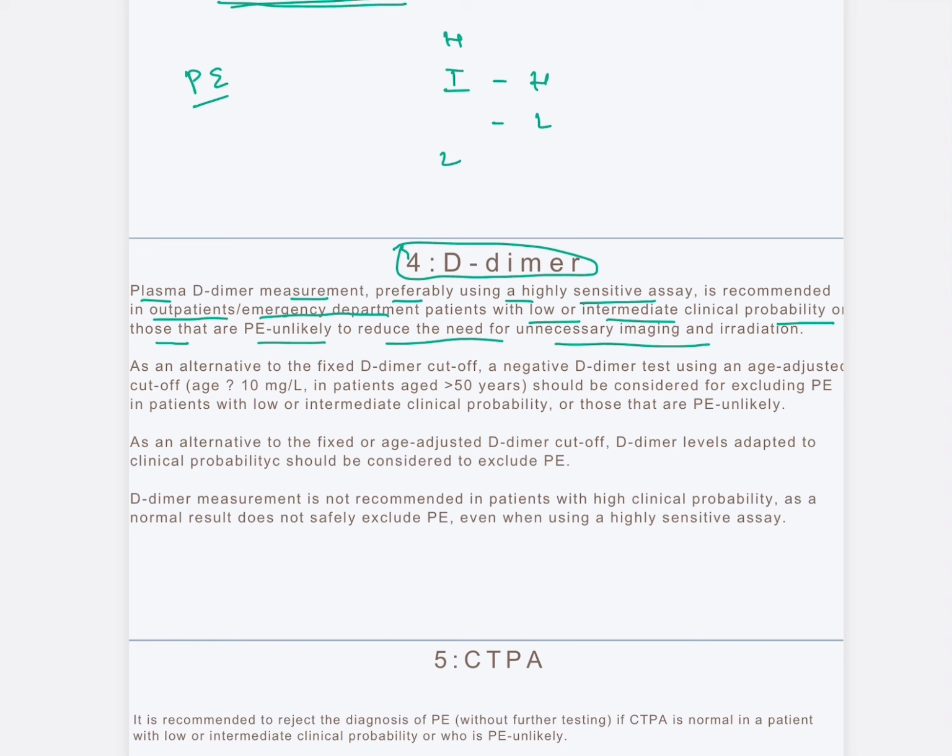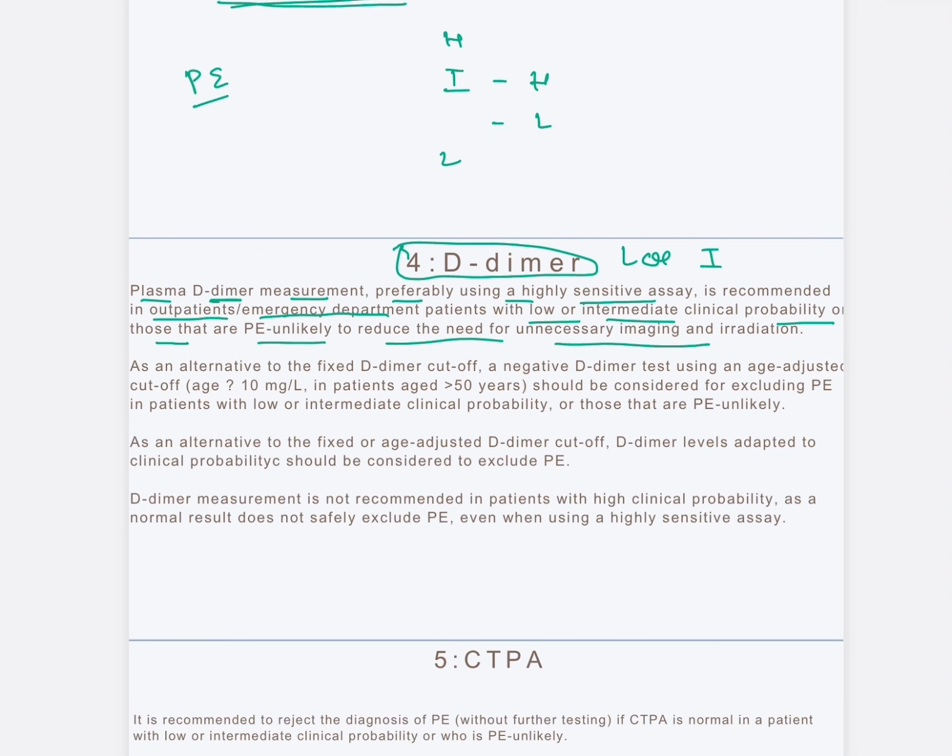So the guidelines are very clear. If you suspect that the clinical probability of pulmonary embolism is low or intermediate, you can use D-dimer to rule out PE.